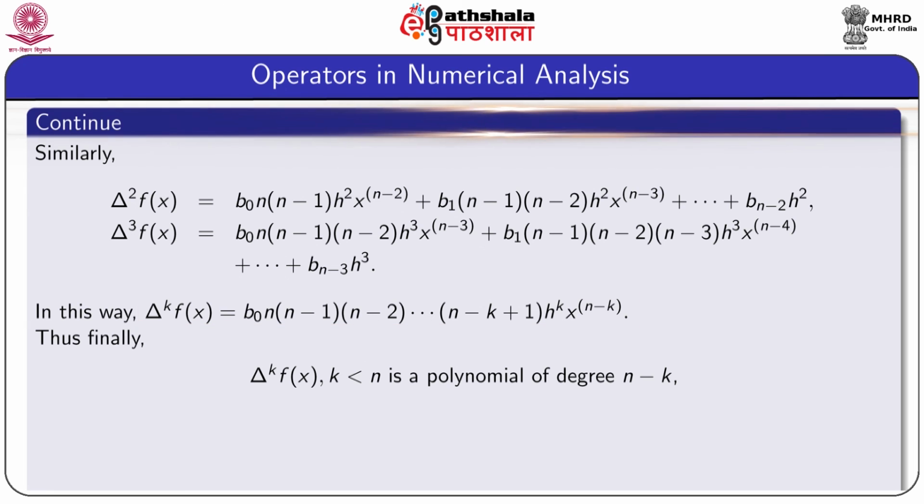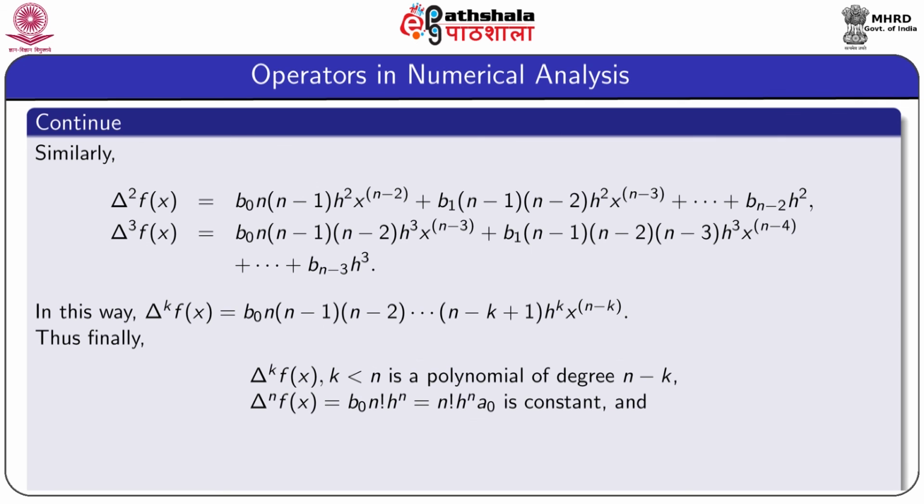Thus, finally, we conclude that Δ^k f(x), when k is less than n, is a polynomial of degree n-k. Δ^n f(x) equals b0 n! h^n, which is equal to n! h^n a0. This is a constant, and when k is greater than n, Δ^k f(x) equals 0, which is obvious because the difference of any constant is 0.